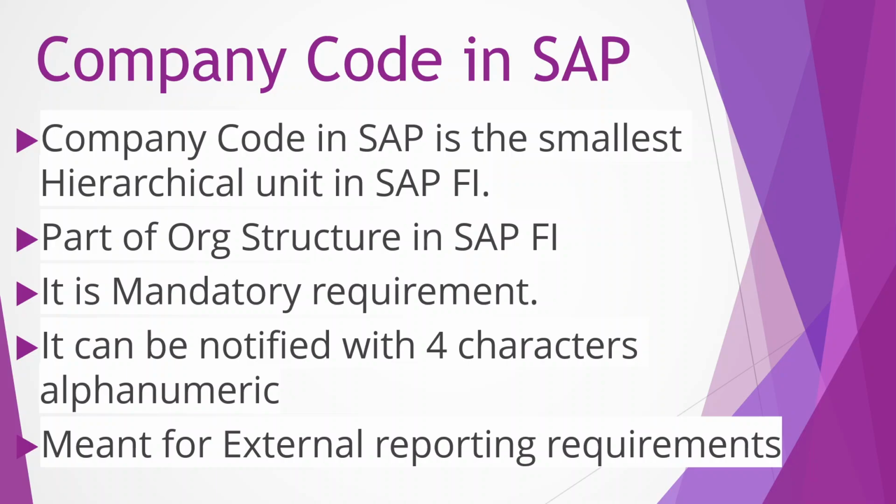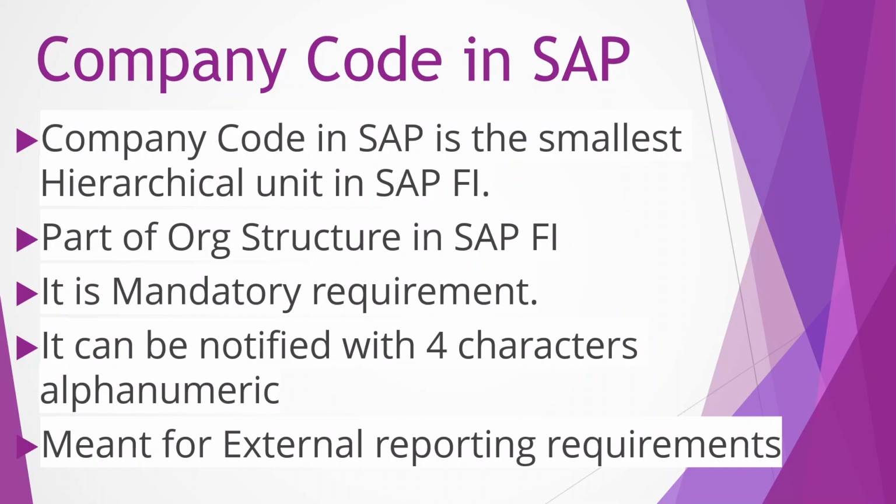We will see some pictorial presentation also later on. This is also one of the mandatory requirements. If you want financial reporting, a profit and loss account and balance sheet generation, and if you want to record all your business transactions, master data, transaction data and various other things, you must configure a company code.